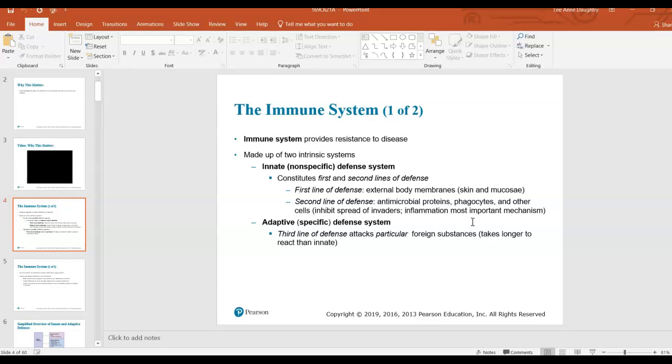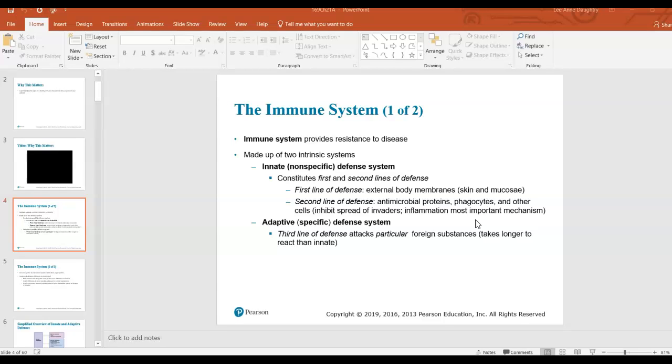They attack anything foreign. They don't attack specific types of pathogens. Okay, other cells inhibit the spread of invaders, and inflammation is part of the second line of defense.